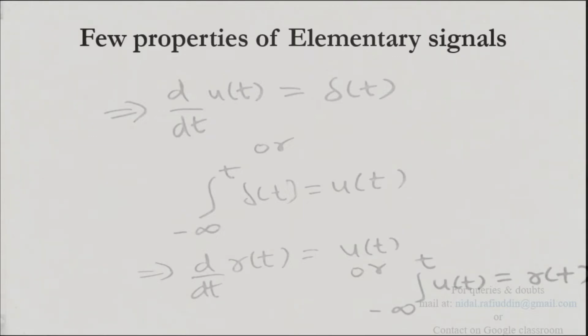So now, using these basic properties associated with the elementary signals, we will try to draw some more waveforms, and let us start with a waveform and try to understand how things like this are dealt with. So let me start with example 1.